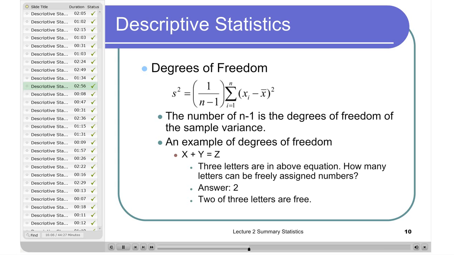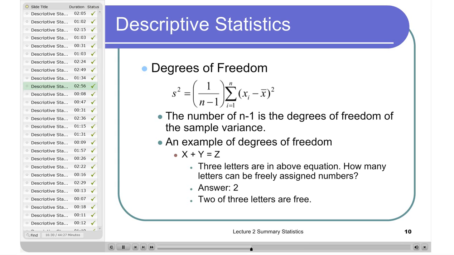Okay, now let's go on to z and let's make up a number for z. Oh, wait a minute. We can't make up a number for z. Because if x is 5 and y is 7, z has to be 12. So as soon as we assign a value to x and we assign a value to y, the value for z is automatically determined. So there are only 2 degrees of freedom here. Another way to look at it is it doesn't matter which variables you assign.